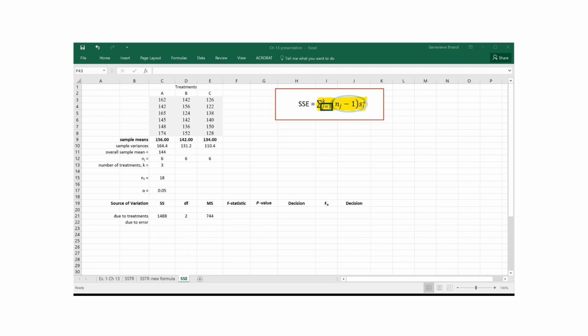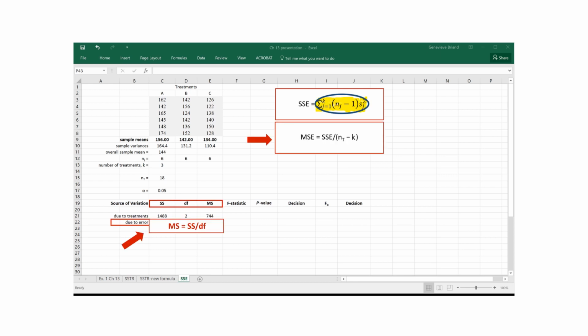And once we've done that for treatment j equal 1, we repeat that for the next treatment up to the last one, or kth treatment. Finally, we add all the treatments' weighted sample variances together. To get the mean square error, we divide sum of squares error by degrees of freedom to give us the average of the weighted sample variances. So that's our second estimated variance.